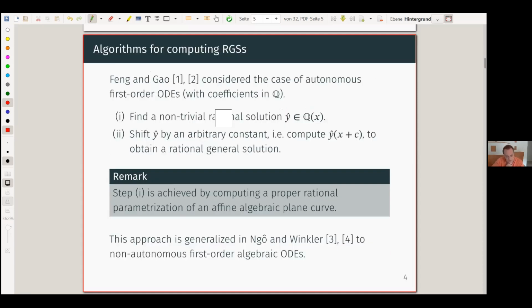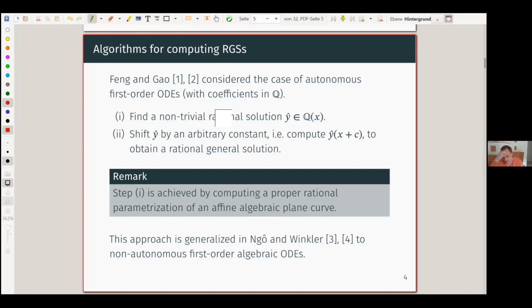All right. So when did this actually start? We at the Research Institute for Symbolic Computation started into this constructing solutions of differential equation business at least more than 12 years ago.